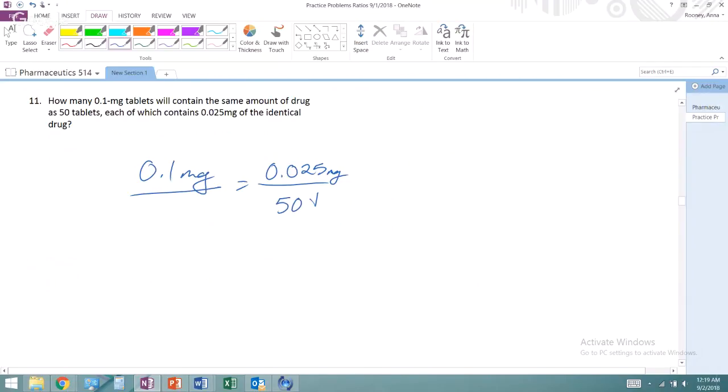Okay, so this can also actually happen in the real world. Not exactly like this. My brain's telling me my instinct is 200 tablets. No, not 200 tablets. 12.5 tablets. Okay.